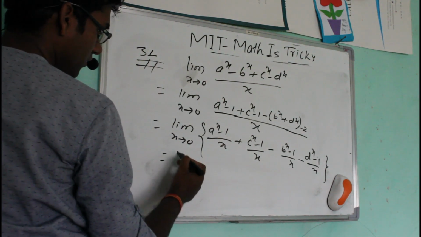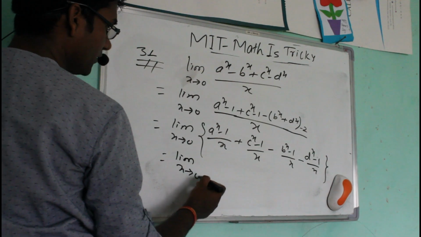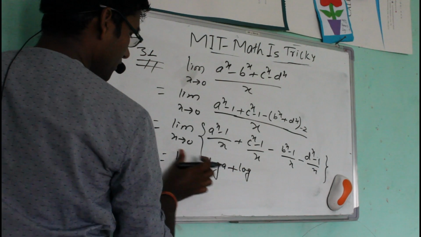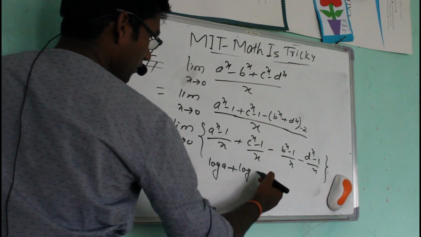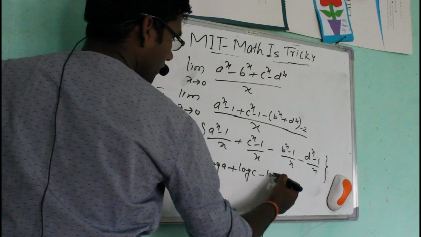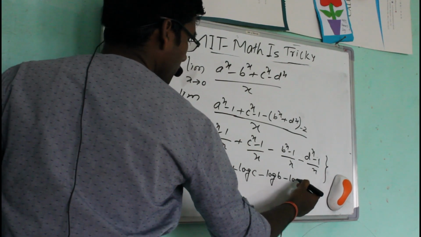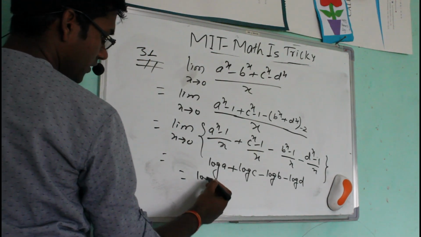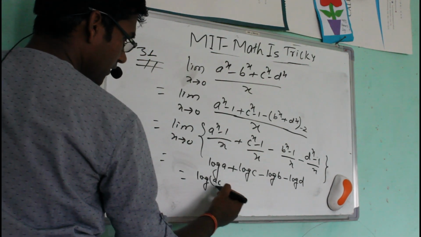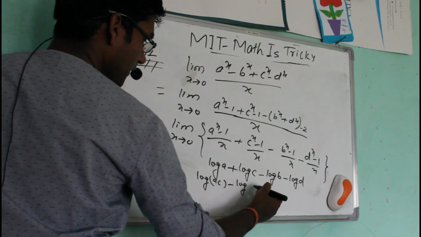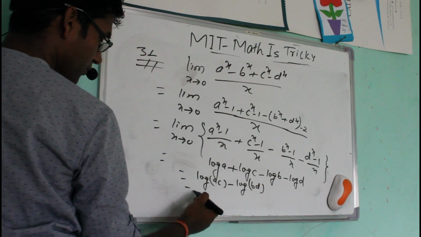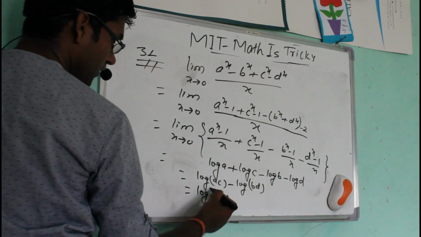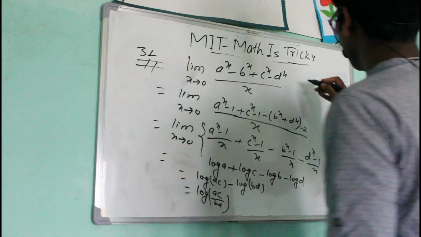So what we are getting here is log a plus log c, and minus log b minus log d. So the answer is log ac minus log bd, and by the properties of log it is log ac by bd.